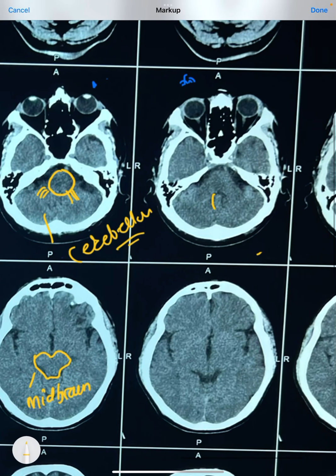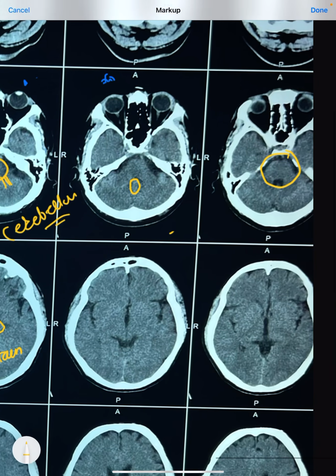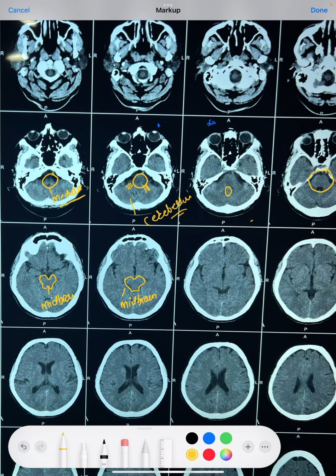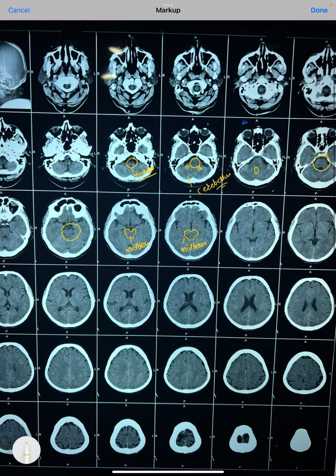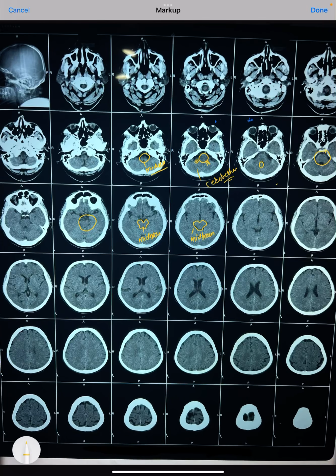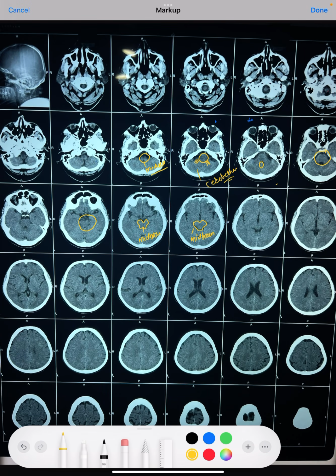So this is the central portion which is called vermis, and this vermis has control on balance. Cerebellum has control over coordination of movements. So whenever there is damage to the cerebellum, we usually get intention tremors and imbalance, ataxia. These problems can be seen with cerebellar affection.